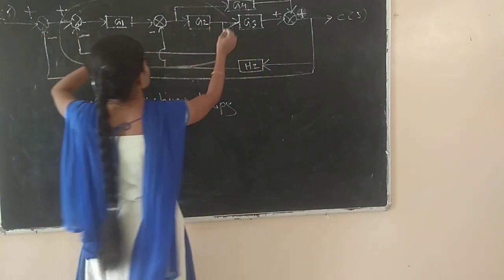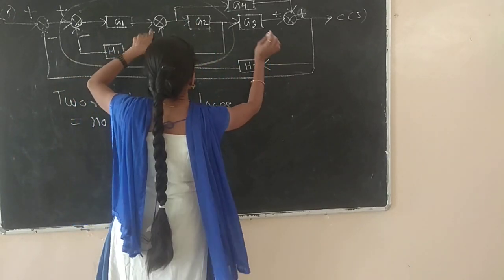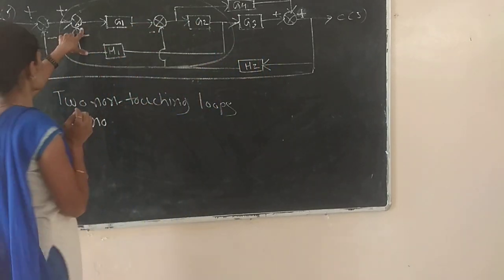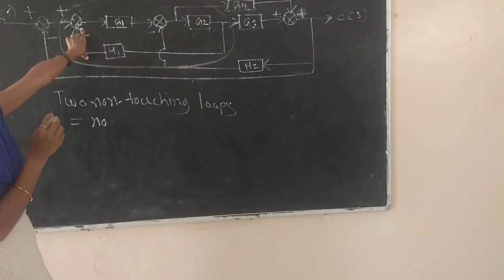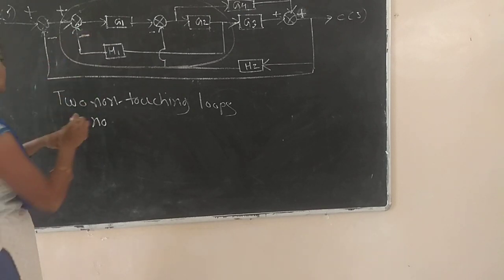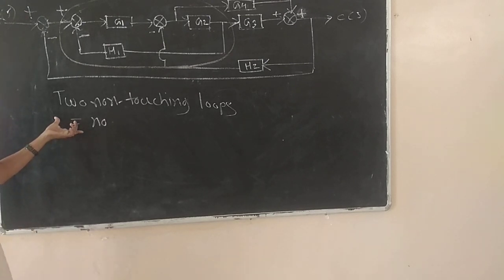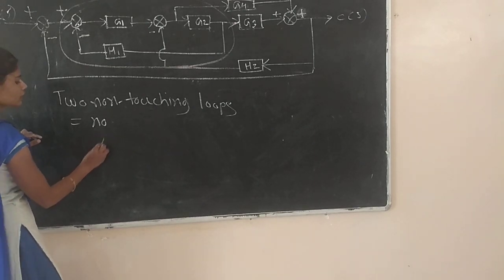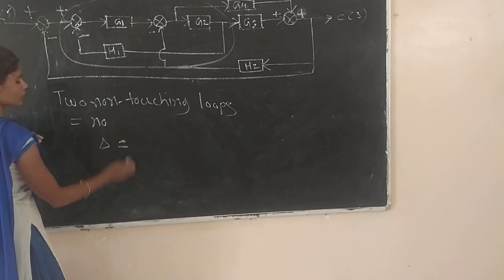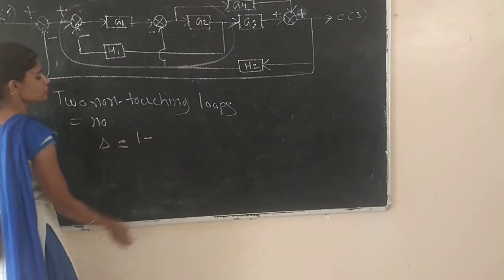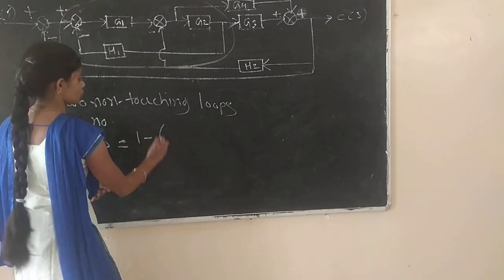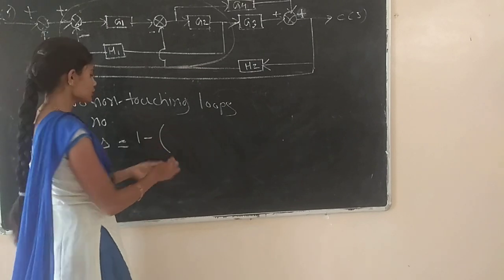Then 3 non-touching loops. Then we see calculating system determinant del. Del means 1 minus sum of all individual loops.